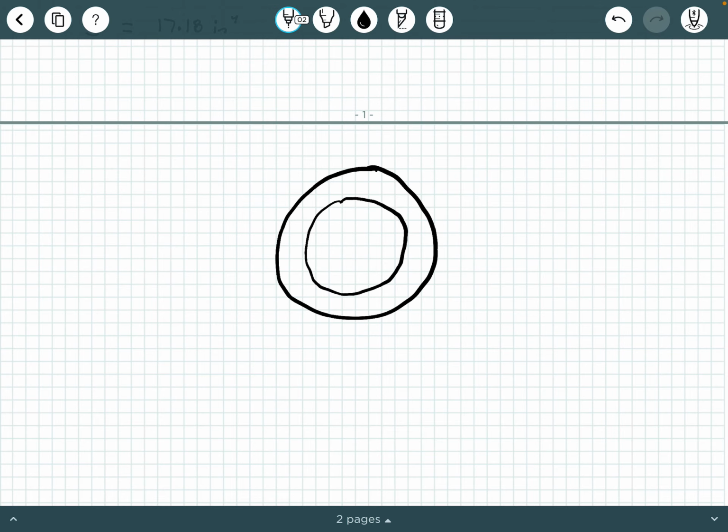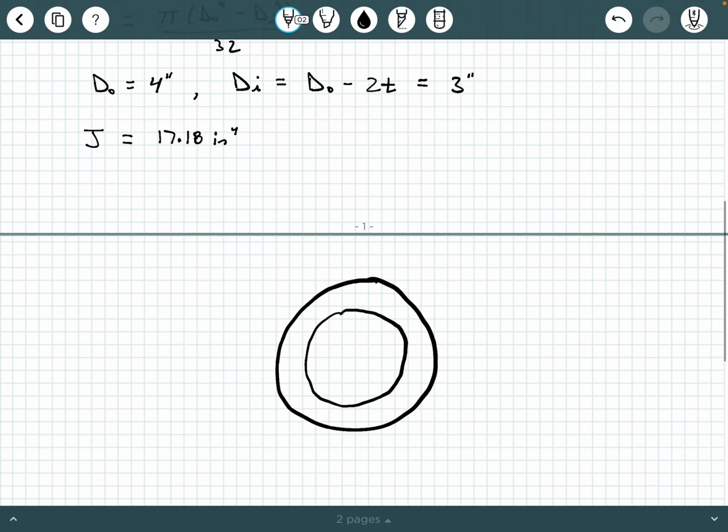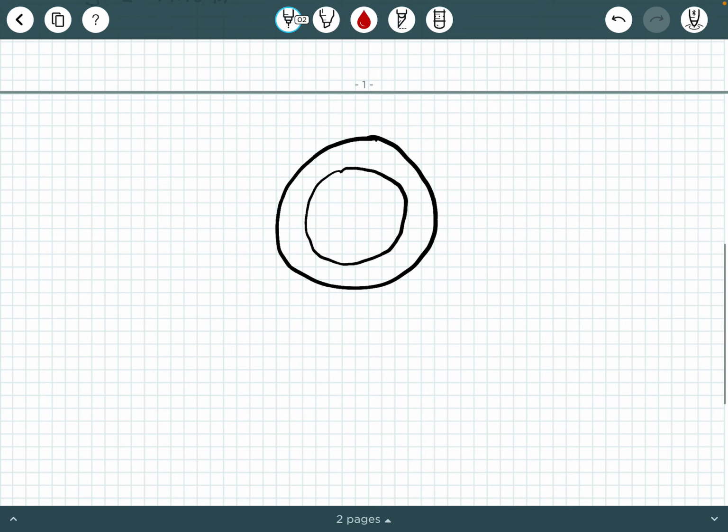And we've got that 40 pound-inches here, causing a rotation here. And so what we are looking for is this shear stress distribution that is coming from that applied torque moment. So we're looking for something like this.